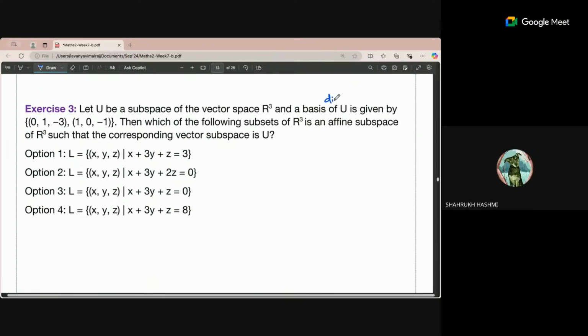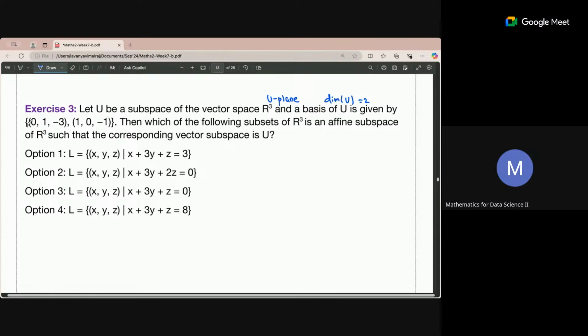Dimension of U is 2 means, what is a two-dimensional space in R3? A plane actually. U is a plane in R3. Then which of the following subsets of R3 is an affine subspace of R3 such that the corresponding vector subspace is U?